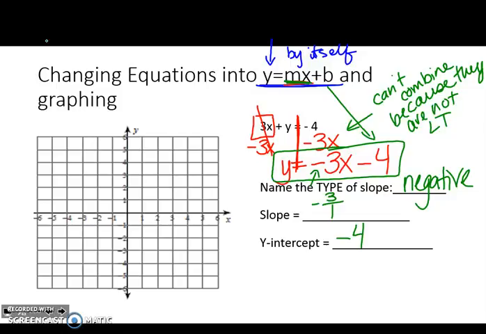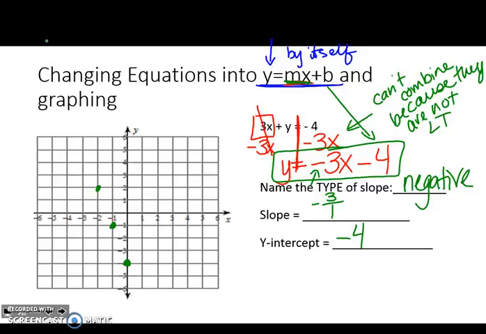So then we're going to graph it on our graph the exact same way. So our first point is going to be at the y-intercept at negative 4. And then because my slope's negative, I can only make one negative movement. So I'm going to go up 3. Since up is positive, I'm going to have to go to the left 1.